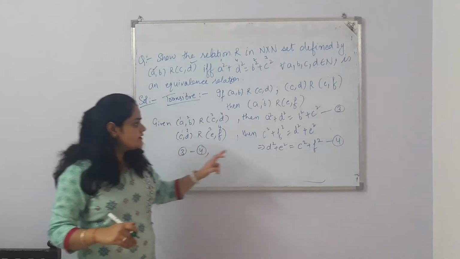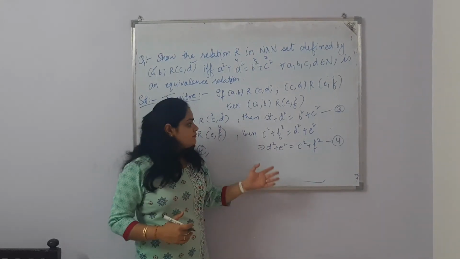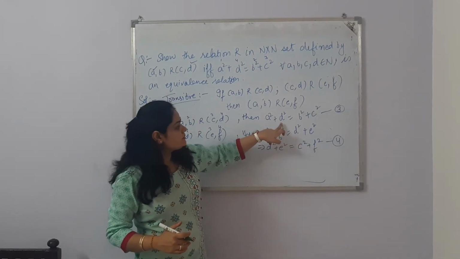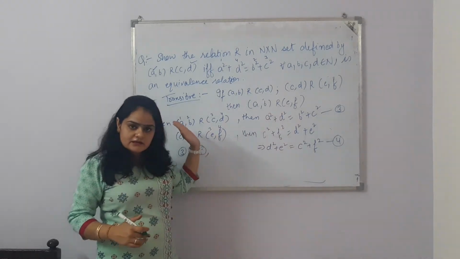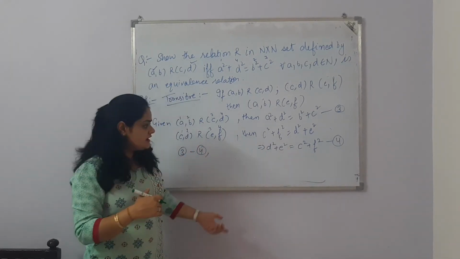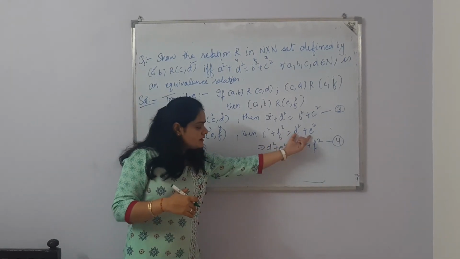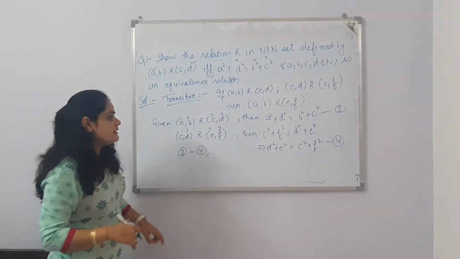Why have I changed the sides? Because here it is D square and in the upper relation here it is D square. Here D square is on the left hand side and there D square is on the right hand side. So I have changed the sides. Now it is on the left hand side and C square plus F square is on the right hand side.